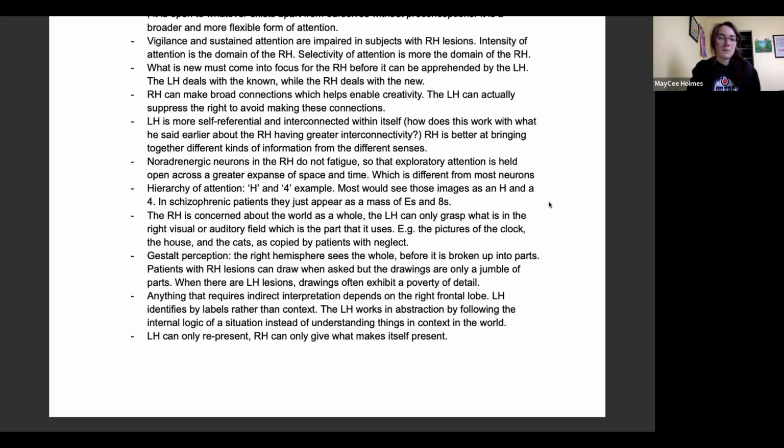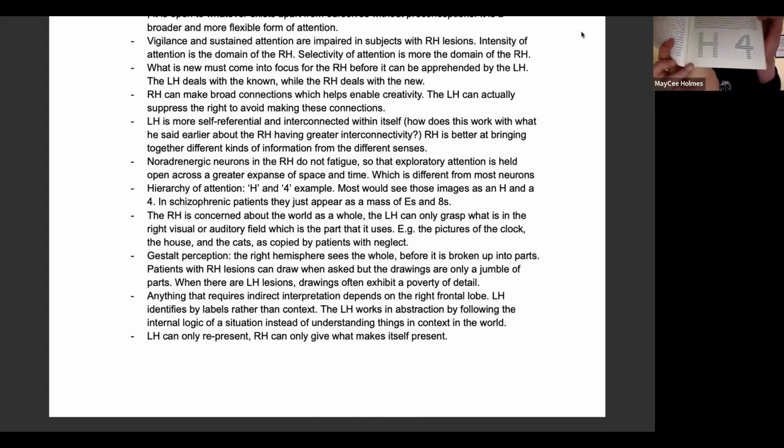Hierarchy of attention, the H and 4 example. In the book, there's an example, and I'll hold it up.